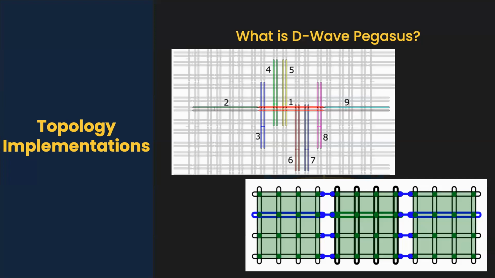The horizontal qubit in the center, shown in red and numbered 1, with its odd coupler and paired qubit, also in red, is internally coupled to vertical qubits in pairs 3 through 8. Each pair and its odd coupler is shown in a different color, and externally coupled to horizontal qubits 2 and 9, also shown in a different color.